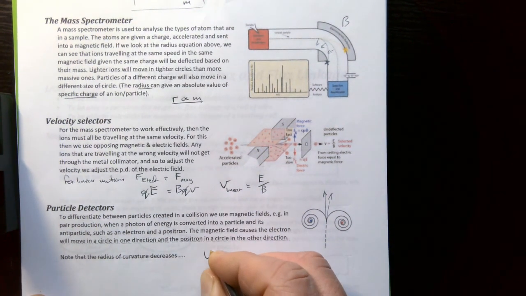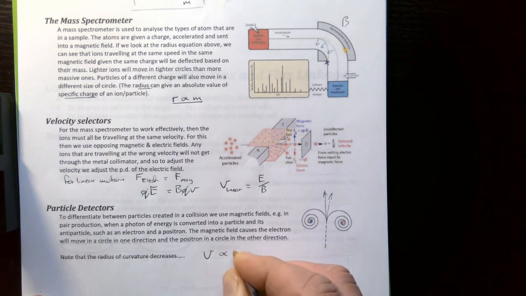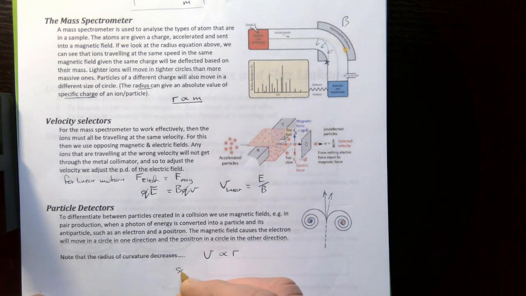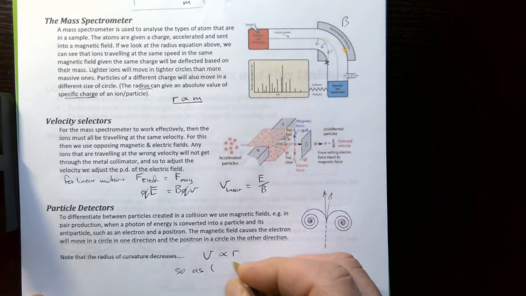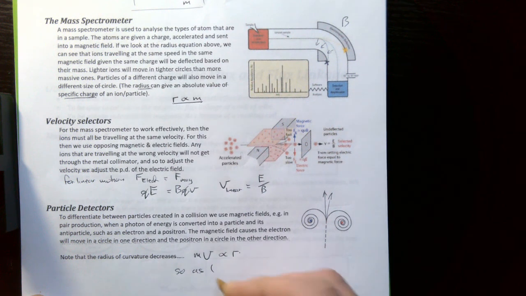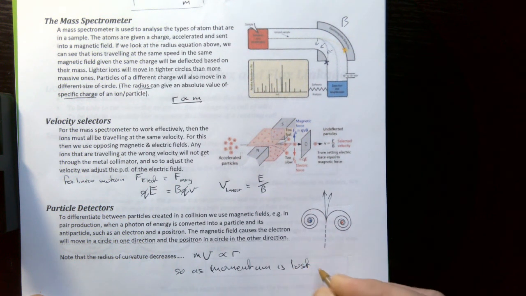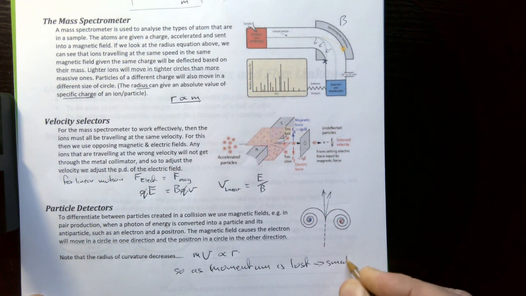So v is again proportional to r. As they lose momentum, let's put mv there, the momentum, as momentum is lost, you get smaller circles, smaller radius.